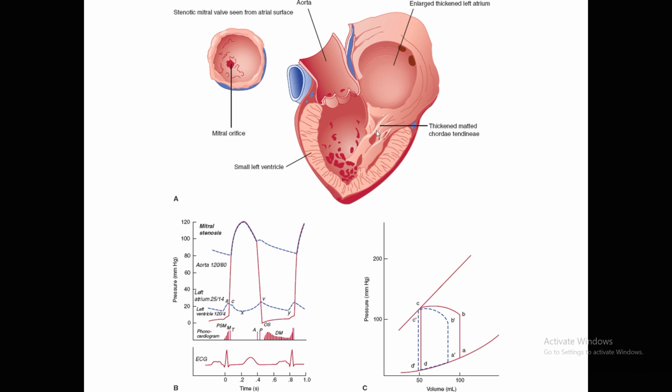The stenosis, the narrowing of the mitral valve, causes decreased filling of the left ventricle and as a consequence decreased stroke volume and decreased heart output. However, the volume will be retained in the atrium, thus causing increased left atrial pressures. The left atrium will be enlarged and finally thickened.